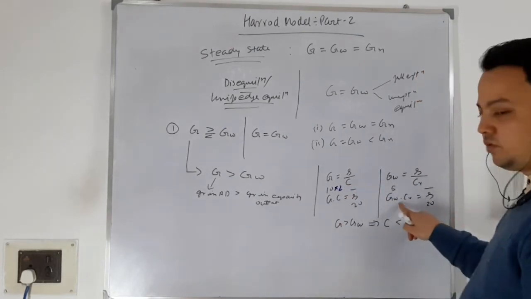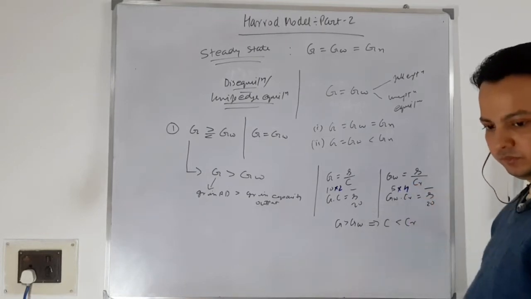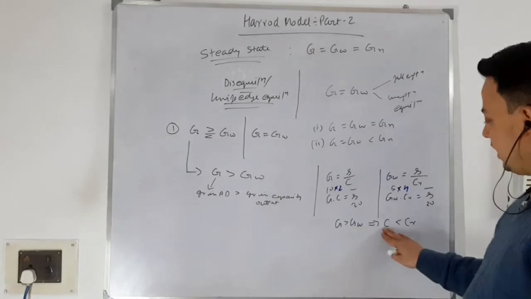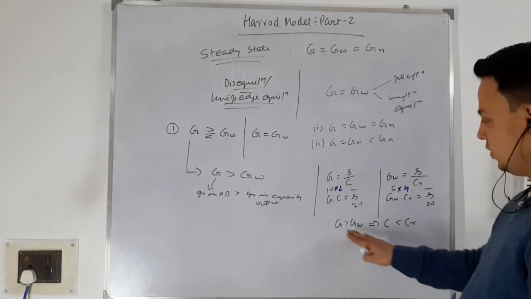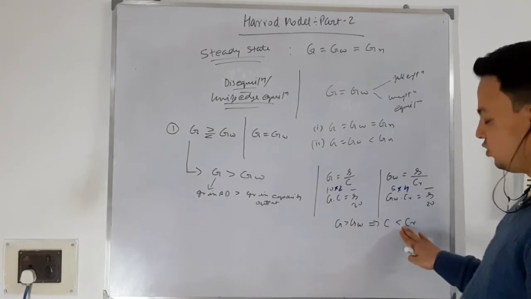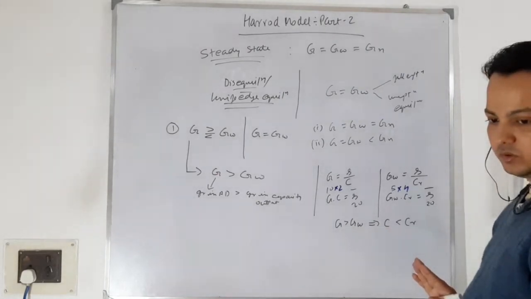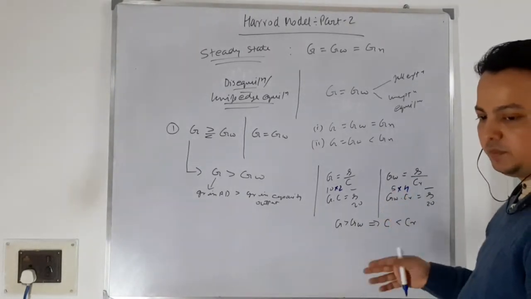And here, in order for equality to hold, required capital stock must be 4. So actual capital stock will be less than your required capital stock. Whenever your G is greater than GW, actual capital stock must be less than required capital stock. So this is a mechanical way, the way I have explained to you now.